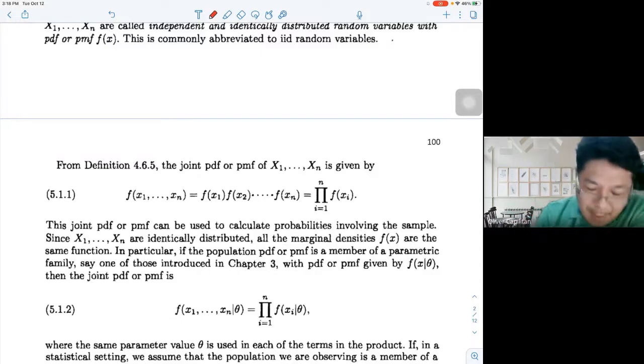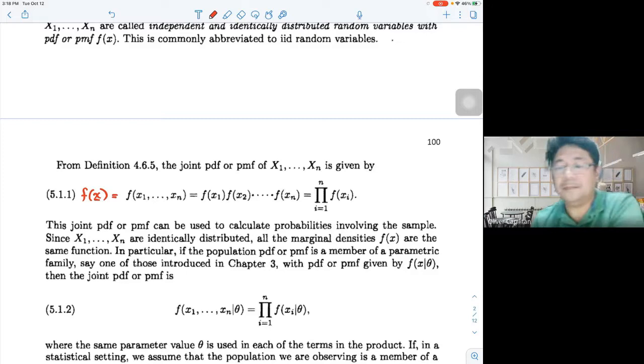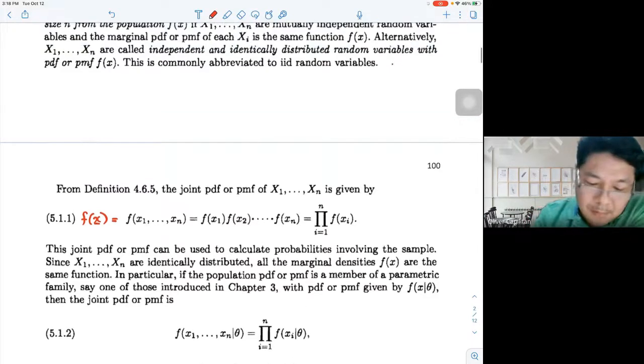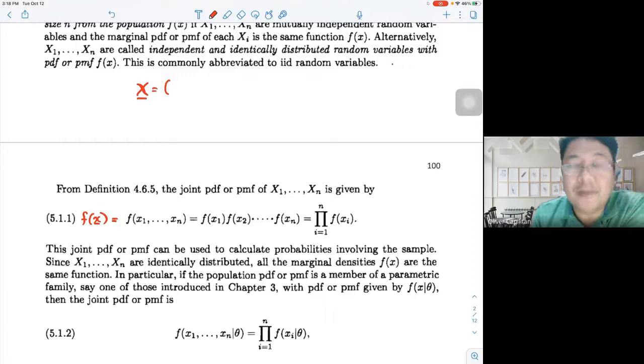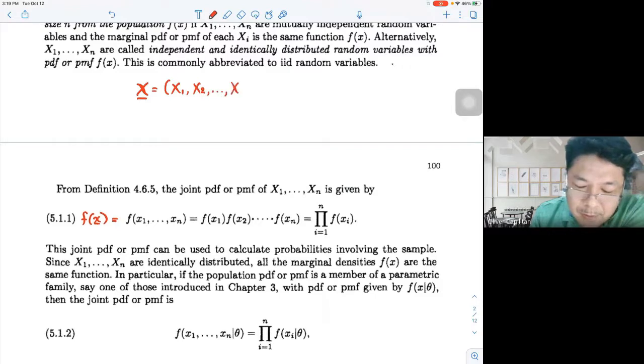So the PDF, we can write it like this. By the way, we can denote our random vector here as a bold X, a vector of random variables X sub 1, X sub 2, and so on up to X sub n.